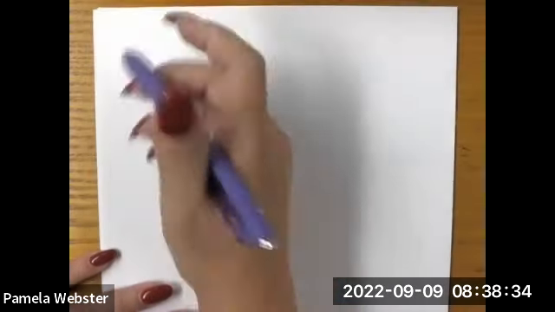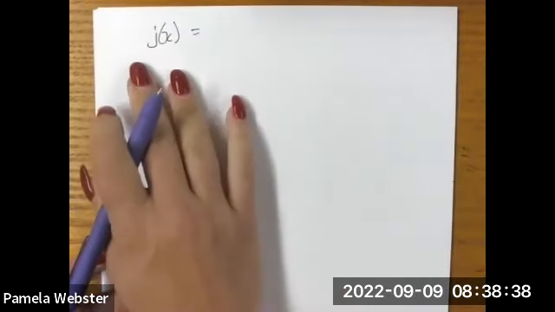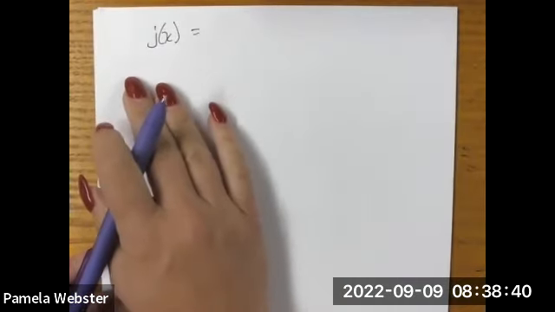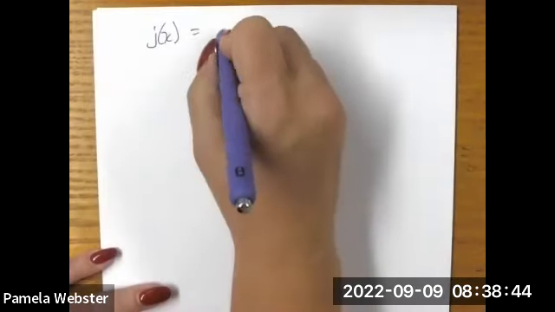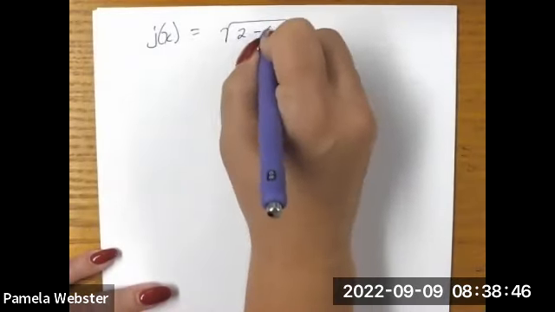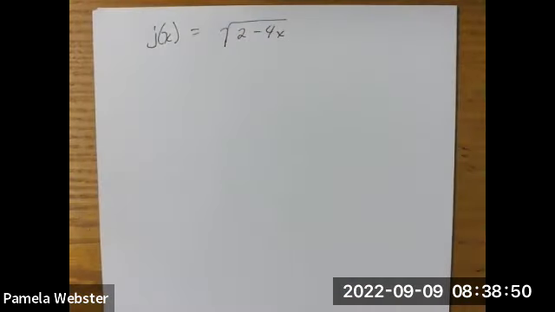And then square roots, that was the one I wanted to talk to you about. So what if it was j of x? Again, I'm just naming different function names. It doesn't matter. This is the function j. The variable is still x. And I said square root of 2 minus 4x. Okay, what did we say about a square root?